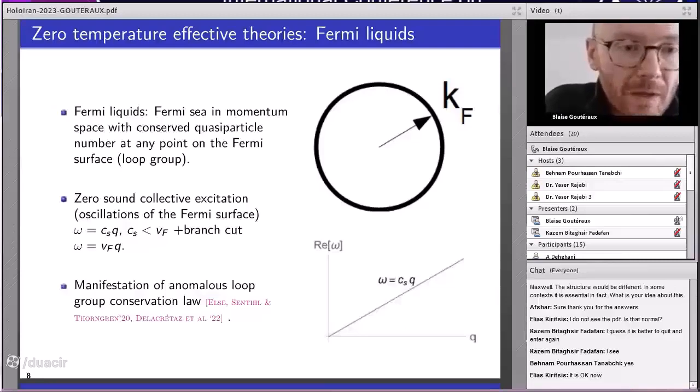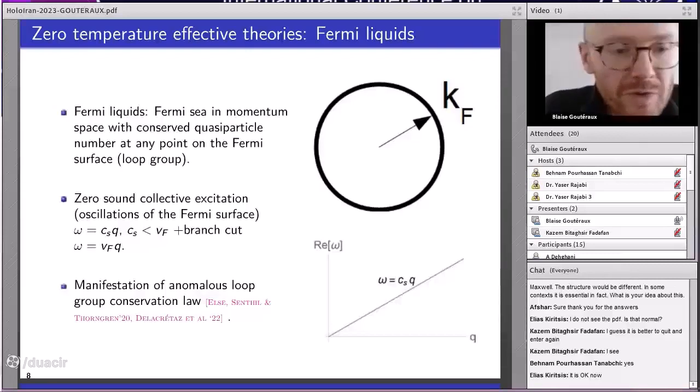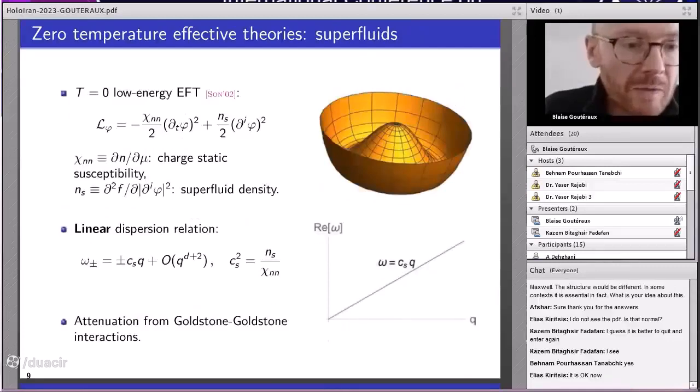But really, the presence of this collective excitation is now understood to be a manifestation or an anomaly of this loop group conservation. I don't want to enter too much in the details of this, but I will go more in details for the next example, which is that of superfluids, and we'll see pretty much the same kind of structure.